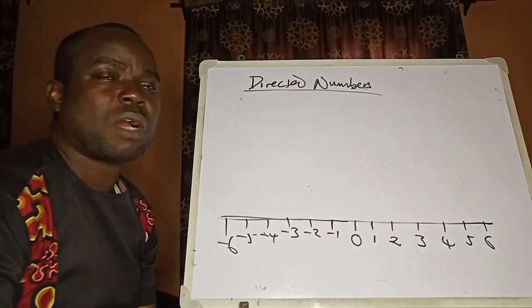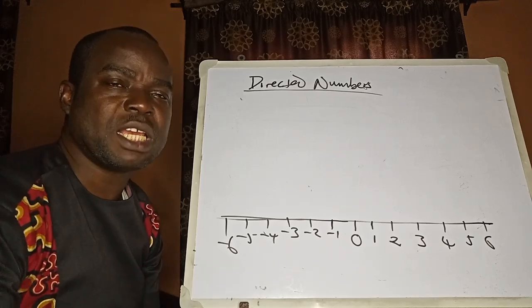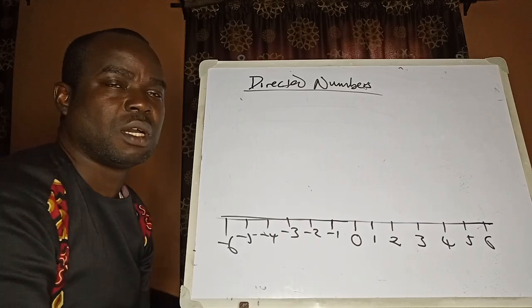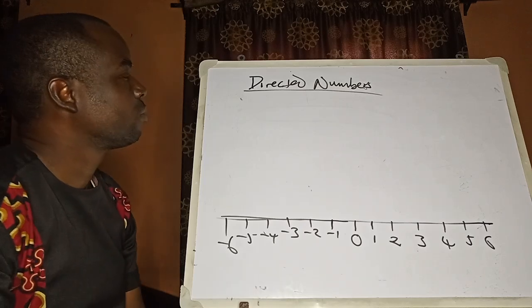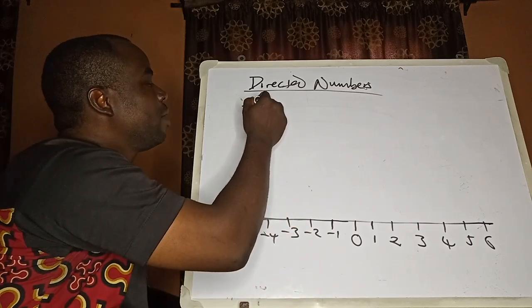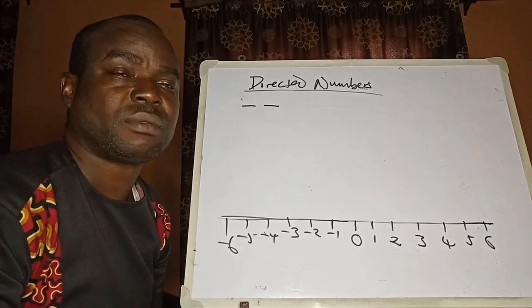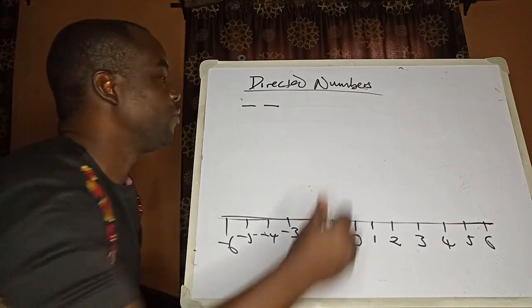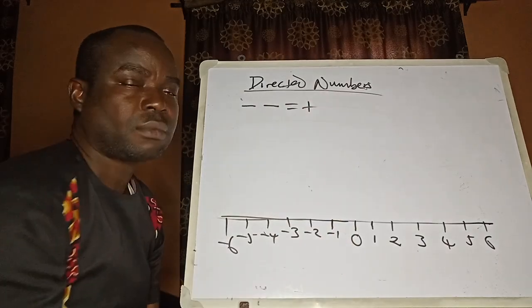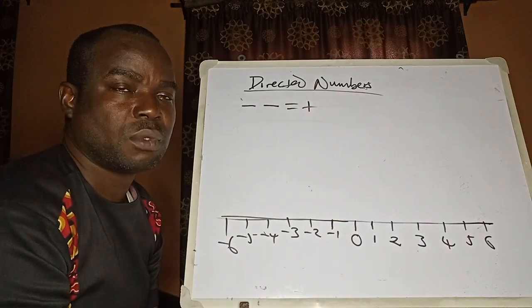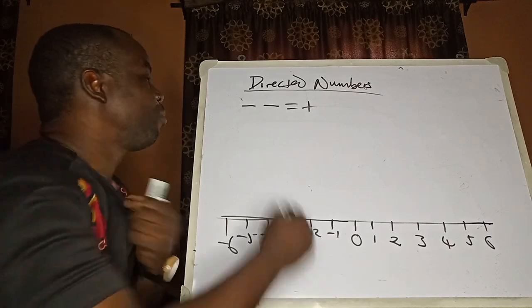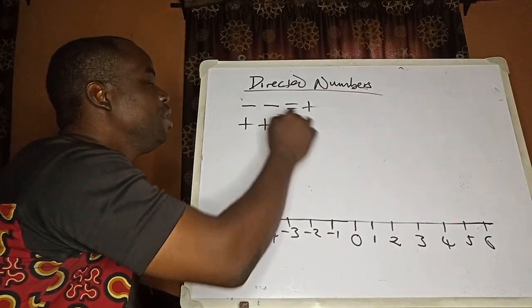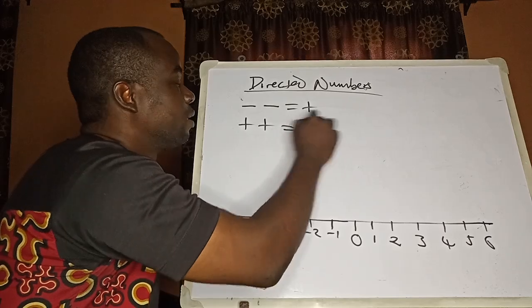Now, the second thing I want to explain before we start this work is this. Anytime minus and minus meet together, they form a plus sign. If plus and plus meet, they form a plus sign.